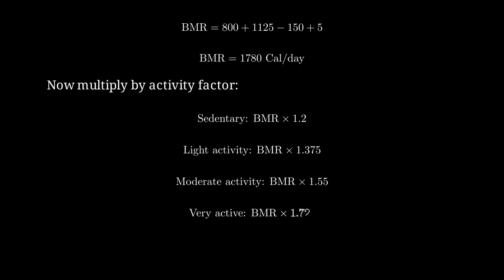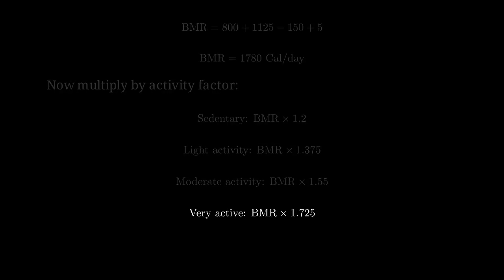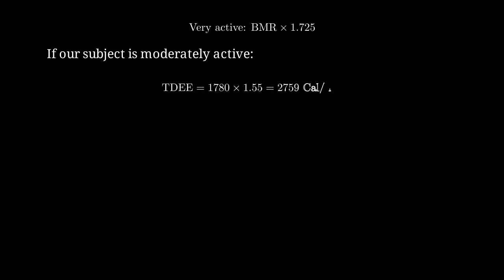If very active with exercise 6 to 7 days per week, multiply by 1.725. If our subject exercises 3 to 5 days per week, he's moderately active. TDEE equals 1780 times 1.55 equals 2,759 calories per day.